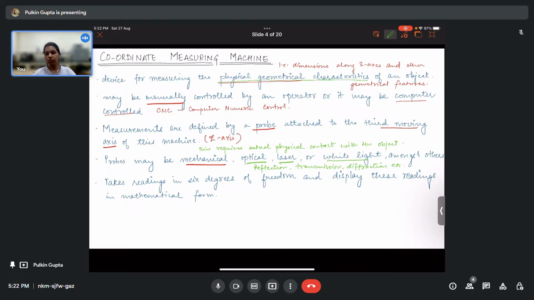Now, this coordinate measuring machine can take readings in 6 degrees of freedom and display these in a certain mathematical form. That is, 6 degrees of freedom is 3 along axes and 3 as angles between the axes.